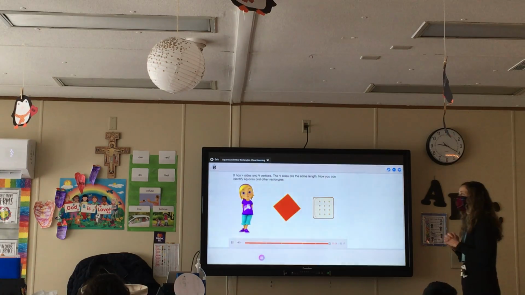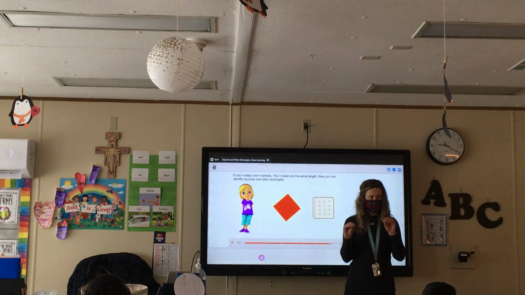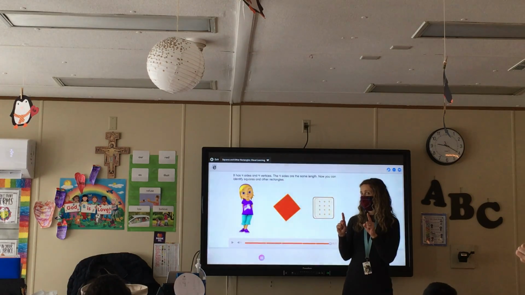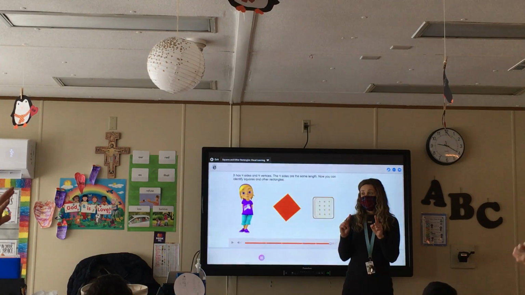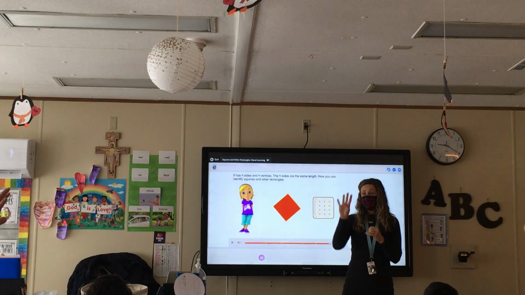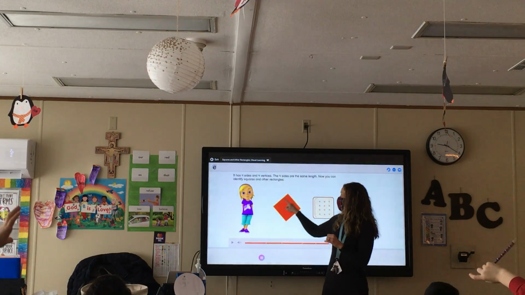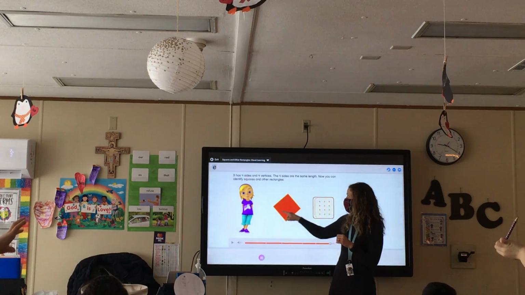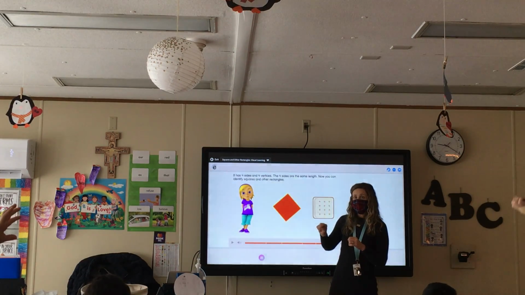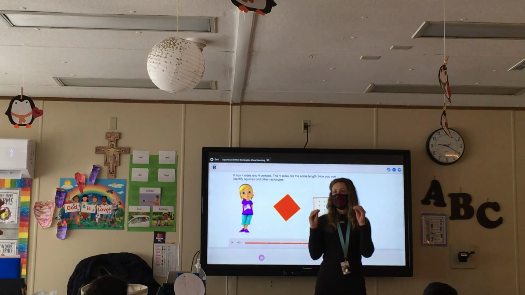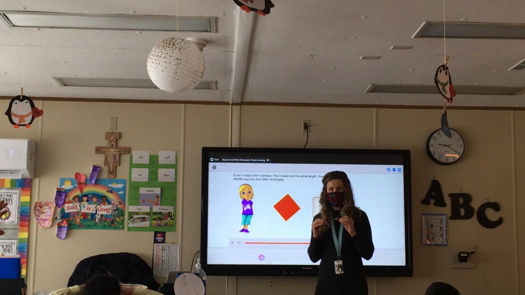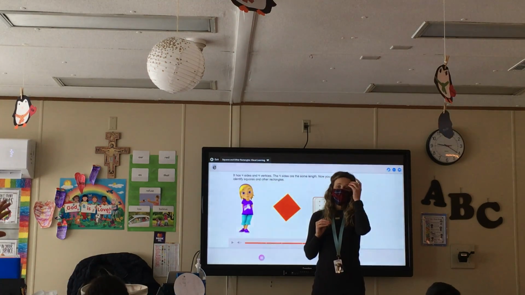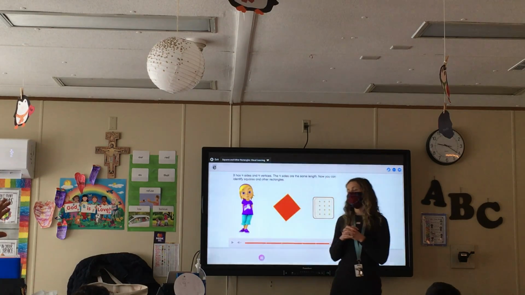Okay, so let me ask you, what makes a square and a rectangle different? What is the one thing that makes them different? Because they both have four vertices. They both have four sides. But what makes a square different than a rectangle? Okay, I wish I had more hands in the air. What makes them different, Evelyn?